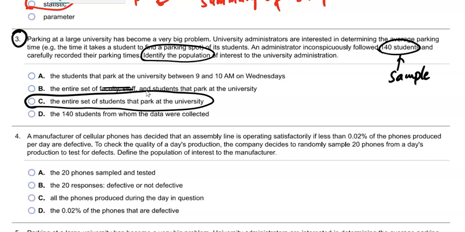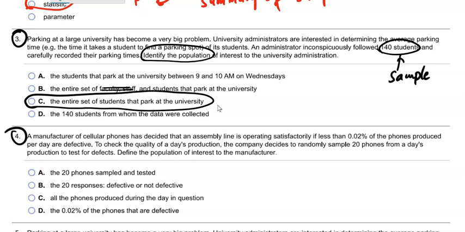Faculty and staff are not part of the population, because in the sample we chose 140 students, and also administrators want to determine the parking time of its students. So only students are in the population. The entire set of students of the university who park is the population.